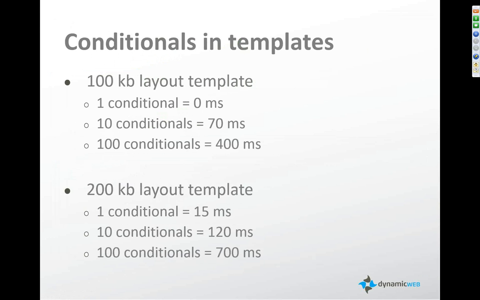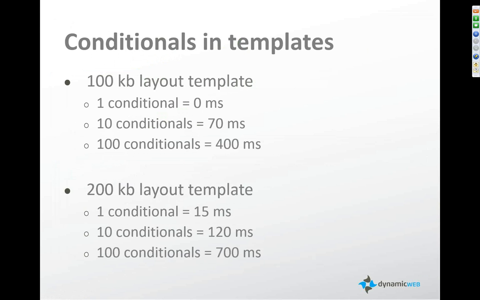So this is important to take into consideration, and the amount of conditionals is also dependent on the size of the layout template, of course. So if we double the size of the layout template from 100 to 200 kilobytes, we can see one conditional now takes 15 milliseconds, and 10 takes 120 milliseconds, and so forth.